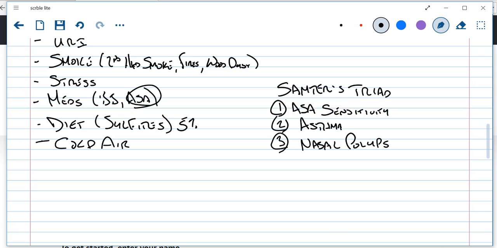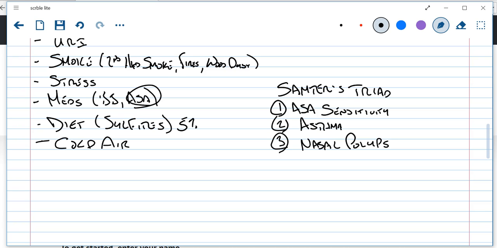So what happens is patients who have an aspirin or NSAID sensitivity, they take it. It actually affects their airways because it inhibits something called cyclooxygenase. It inhibits the flow of air.